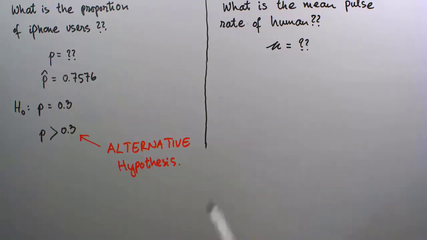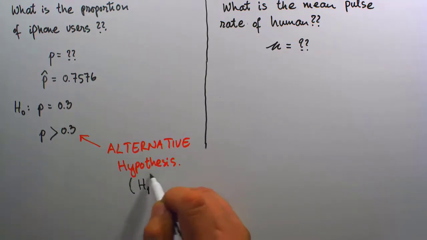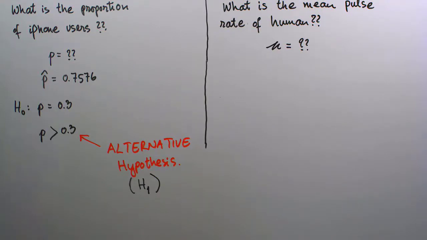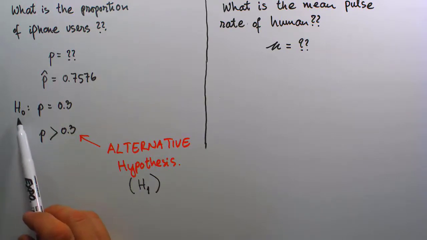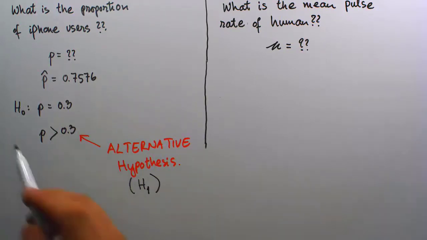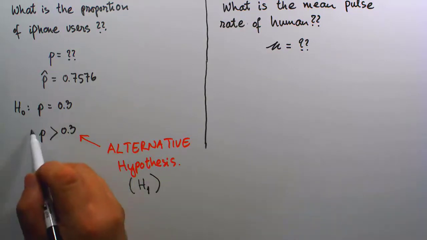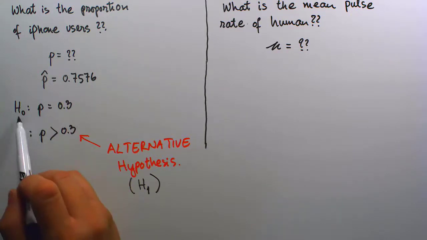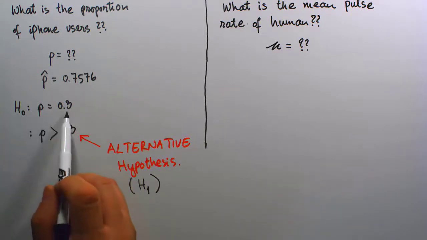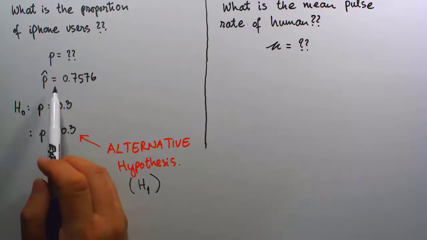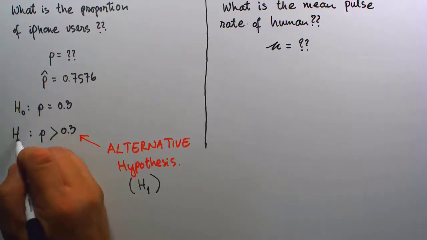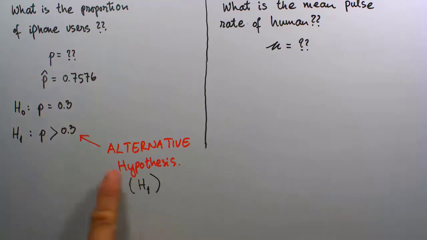And the alternative hypothesis has the symbol H sub 1. It's easy to understand that we already use the symbol H sub 0 for the null hypothesis. Then H sub 1 is the counter argument. And so now the way we formulate our symbolic statements is: H sub 0 argues that p equals 0.3. Then based on our sample, we come up with a counter argument, and that appears as our alternative hypothesis. H1 is saying that p is greater than 0.3.